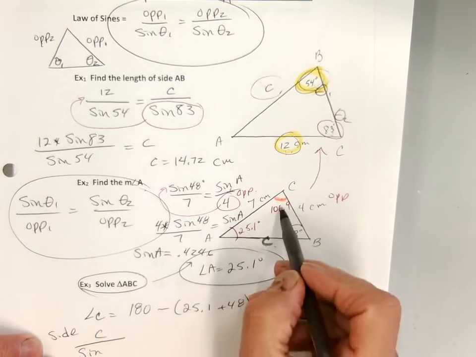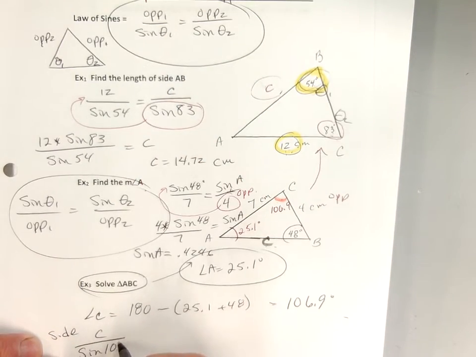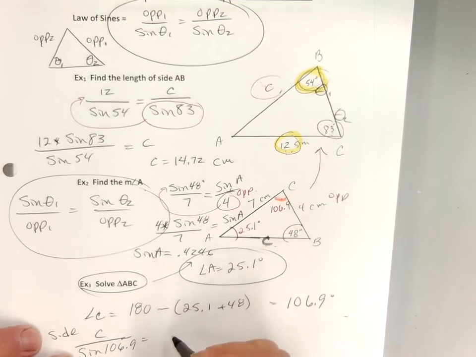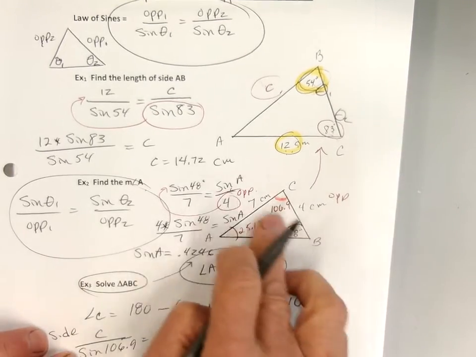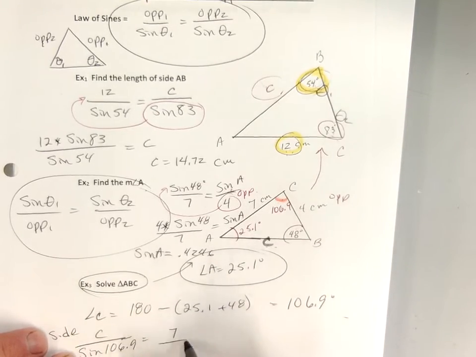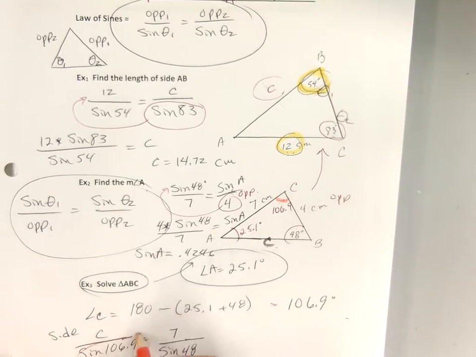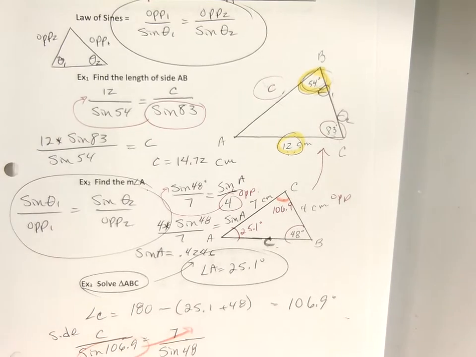Its opposite angle is 106.9. So side over the sine of its angle equals, right? I'll probably use 7 over the sine of 48 because those are better numbers. And again, I'm just going to multiply this up here. We learned this last year, but it was COVID, so, anyway.